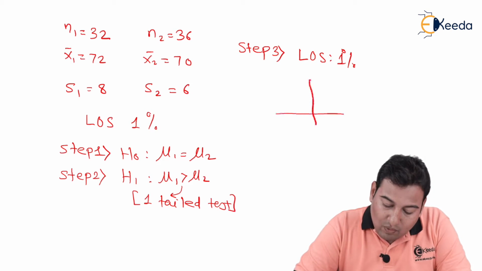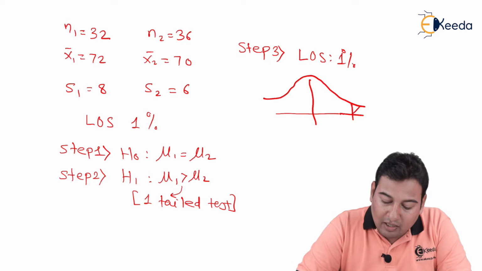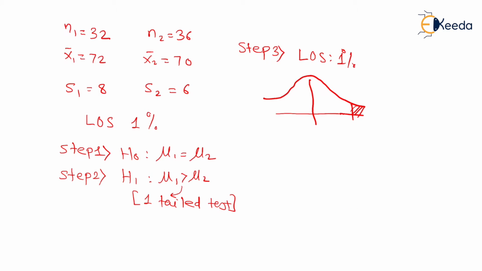So 1%, one-tailed test, 1% will be cut down from one side. So you will be left with 49%, that is 0.49. Referring to the Z table, you will get the value of Z alpha as 2.33. So this is your step number 3. Let's move on to step number 4, the calculation part.